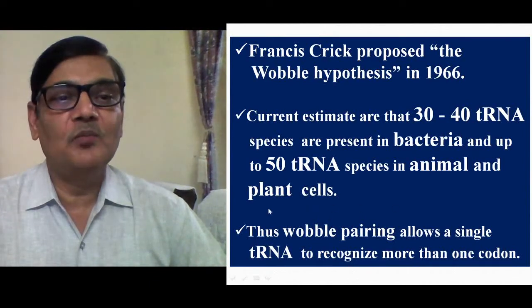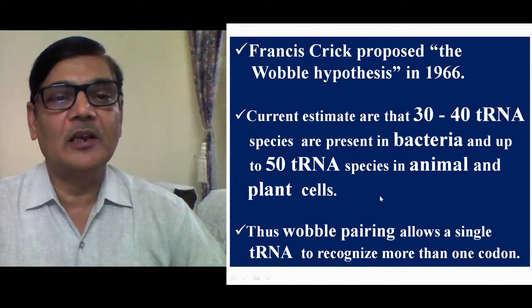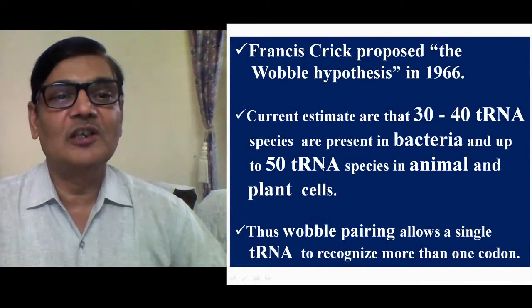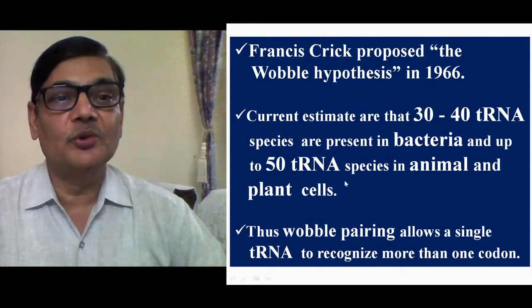This is the main point one should understand: because of this Wobble pairing, that is flexible pairing occurring between the third letter of the codon and the first letter of the anticodon, the number of types of transfer RNA in the cytosol gets reduced.